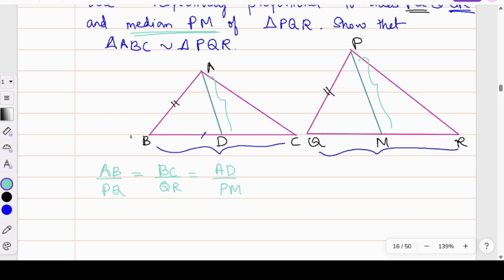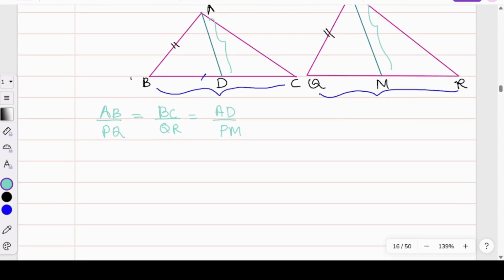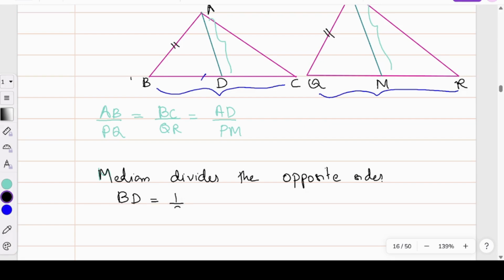Now look, what does the median do? The median divides the opposite side. That means D divides BC, so BD equals half of BC.